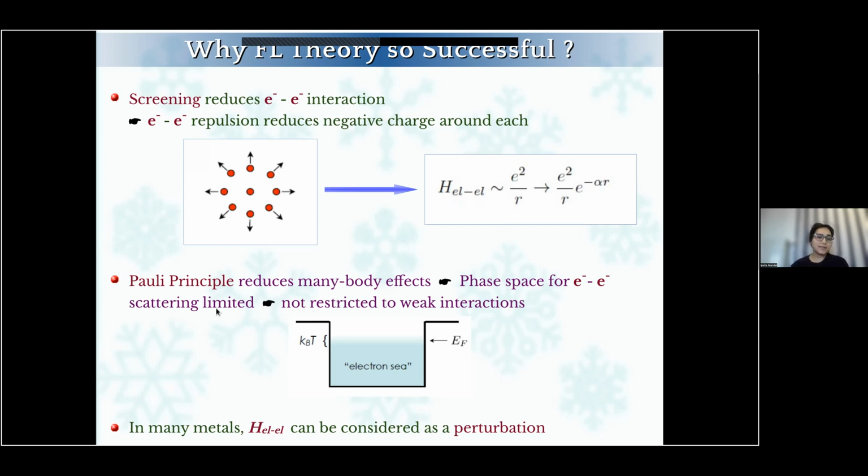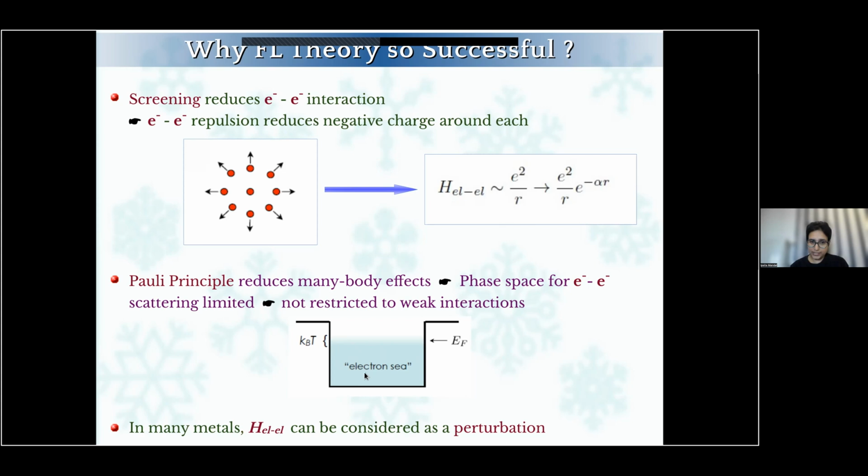Then we are familiar with the Pauli principle for fermions, which helps to reduce many-body effects. This is because the phase space for electron-electron interaction scattering in the low energy limit is quite limited. For example, let us take this electron C at temperature T. The excitations of this electron C will be limited within this window of kBT.